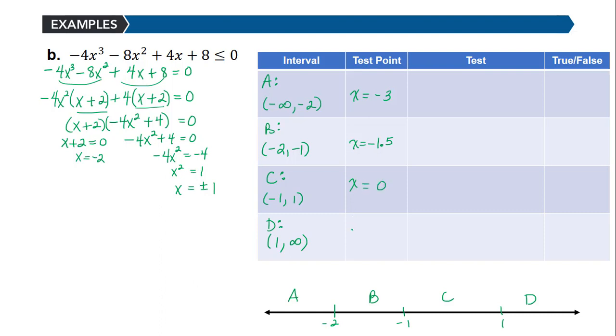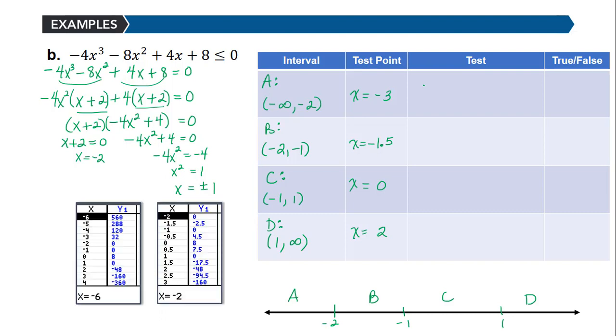And in region D, something to the right of 1, we'll use 2. To test these means that we need to plug into the original polynomial inequality. So this one's going to be a little bit ugly by hand. So I've actually copied the tables from the graphing calculator to help us out just a bit.